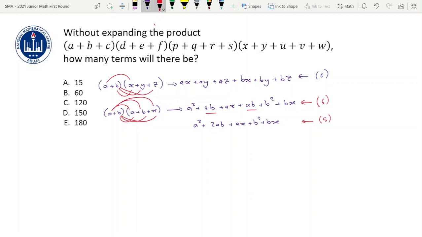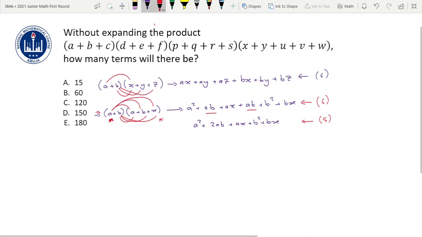The reason is that a and b appeared in the first bracket and also in the second bracket. So if the question asked how many terms you have here, the answer would be 5 instead of 6.